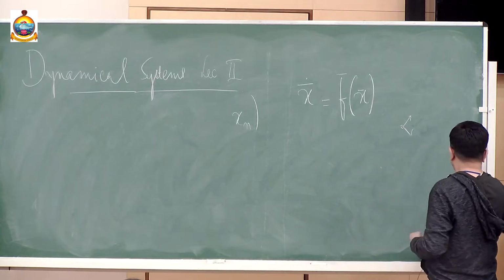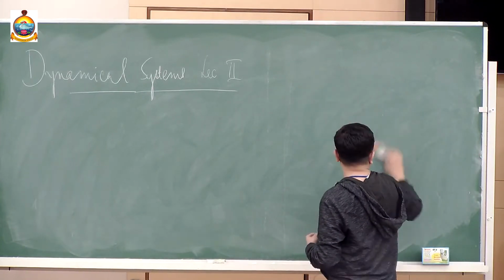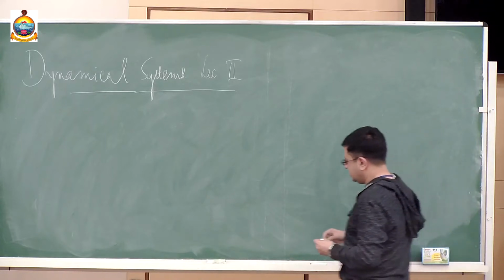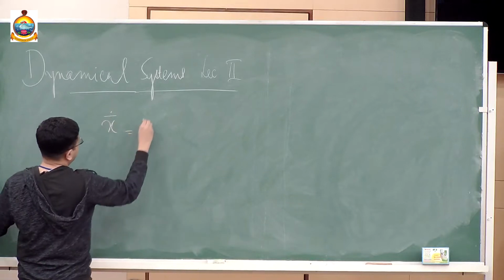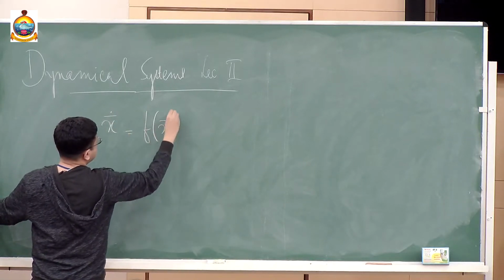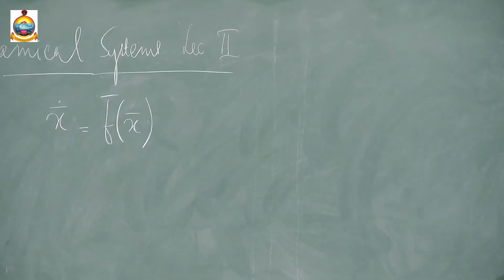So, let me now come to this point of solvability and integrability, what I was planning to cover yesterday and I could not. So, let us come back to this equation. Let me also look at my notes.